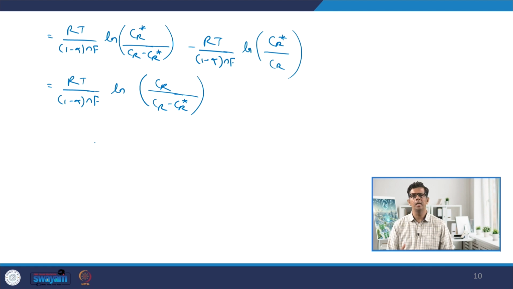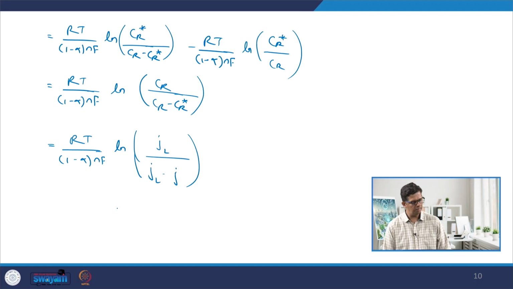So we now need to replace the concentrations of reactants, CR and CR star, with the corresponding current densities. So we can still write the same equation as RT by 1 minus alpha NF ln of JL by JL minus J. Now the reason we have replaced CR by JL is because CR, as we know, is a bulk concentration, and that corresponds to the maximum current that we can draw from the cell, whereas CR star is the concentration that is available at, or basically consumed at, the triple phase boundary.